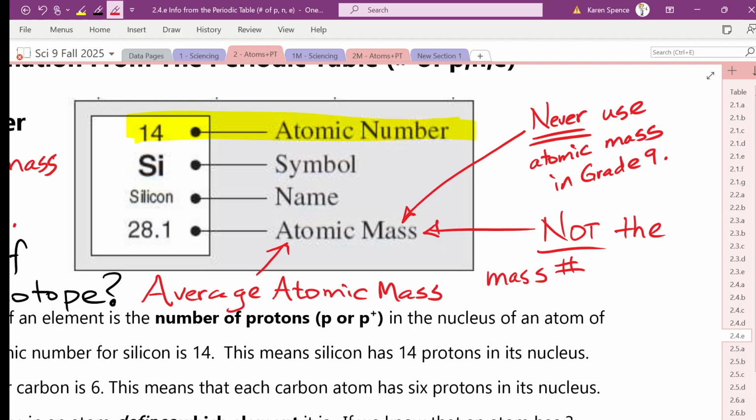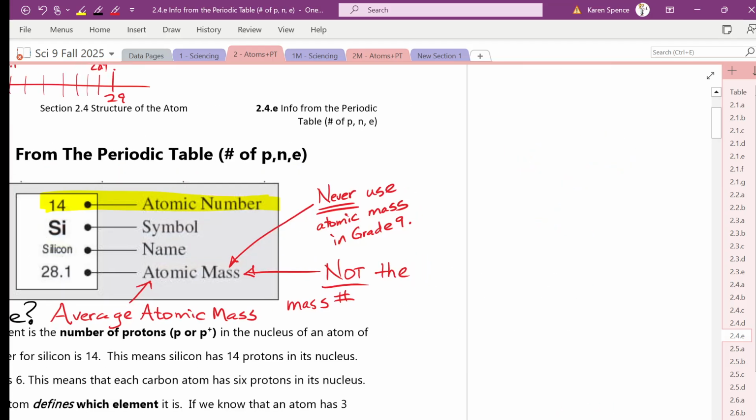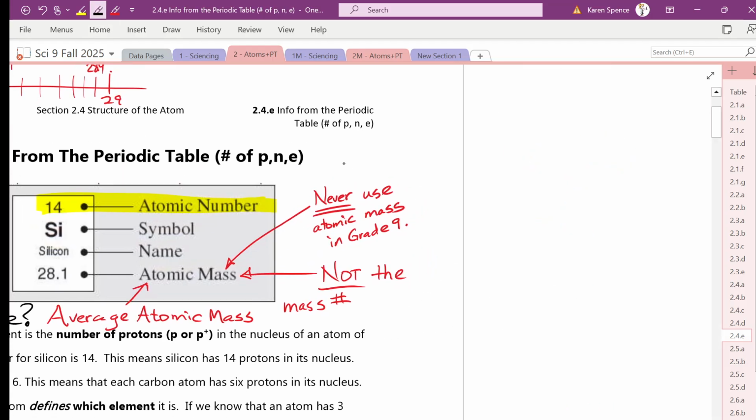So you can just ignore that number at the bottom. You will always be either given the mass number or you will be given the number of neutrons. Okay?